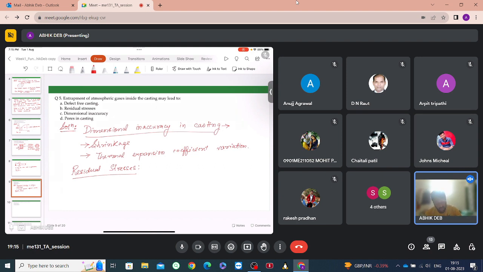Okay, and any idea about what is this residual stress? When we are pouring the molten metal, it is at such a high temperature, maybe close to 2000 Kelvin, and it is coming down to the room temperature.